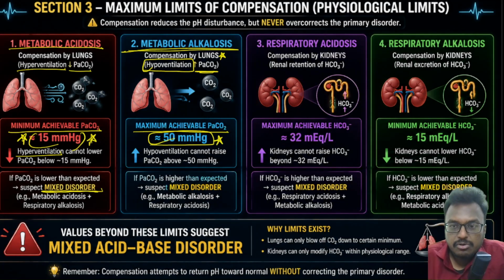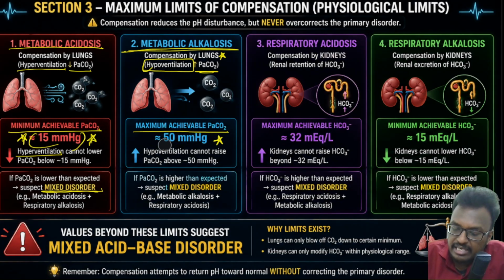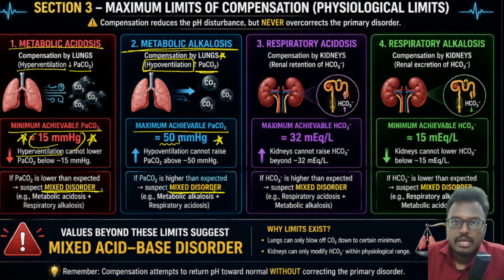Hypoventilation, that means slow breathing, cannot be continued forever. At a certain point of time, there will be hypoxia. So by the time it reaches a level of hypoxia, the maximum that it can attain is 50 millimeters of mercury. If the PaCO2 is higher than expected, that is more than 50 millimeters of mercury, then you have to suspect a mixed disorder.